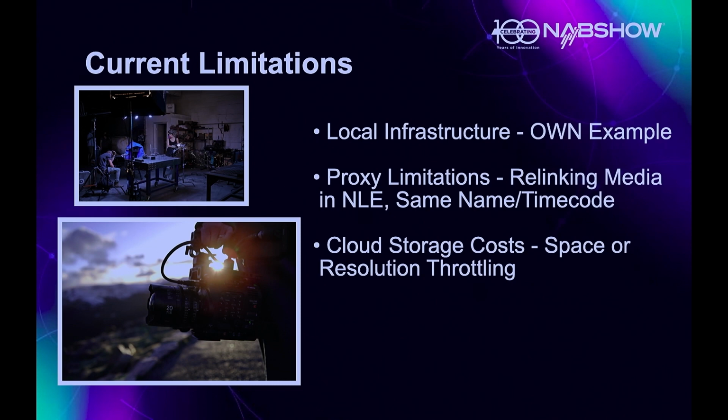What it's not fine for is projecting on an IMAX screen in downtown Los Angeles. It's not good for that. Right now it's proxies going to the cloud, okay? I'll explain that, because in some marketing material they'll say 6K camera, et cetera, and you're like, oh, okay, must be 6K files in the cloud. No, it's not. No, it's not.